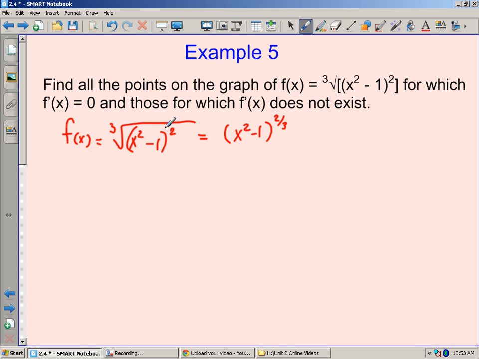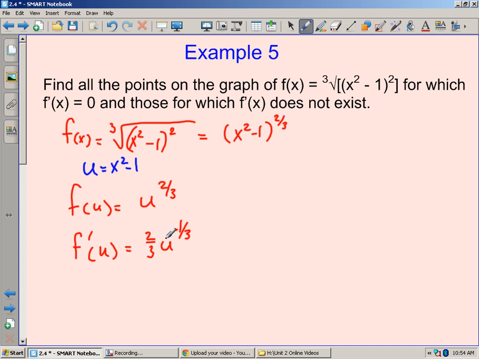So now if I want to do it in terms of u, first of all, we should pick out what u is. My u function is x squared minus 1, and so my f of u function is now u to the 2/3 power, which isn't as bad. And remember, if I take the derivative of a u function, I do f prime of u, so I'll take the derivative of this, which is 2/3 u, and then I reduce the exponent by 1, so I get a negative 1/3, and then don't forget that I have to take the derivative of the u, which gives me this notation.